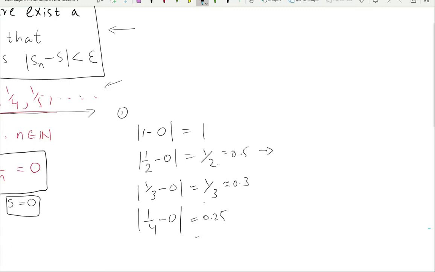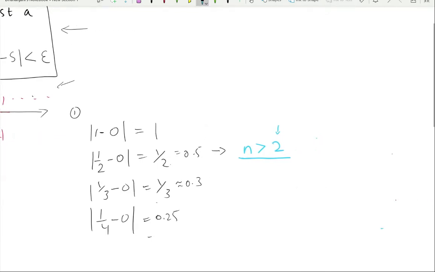After the second position of this sequence, so for any position n greater than the second position, I can confidently say the distance between the terms of this sequence and the limit 0 is definitely less than 0.5.